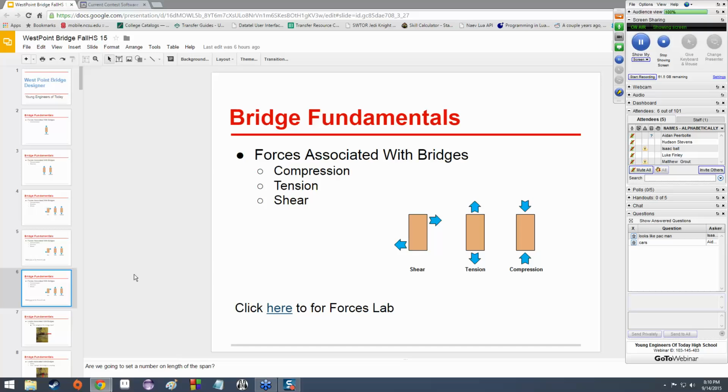Cars, okay. So we got one vote for cars. Anybody else? Tension, alright. Wind, there's another one. I like these suggestions so far.